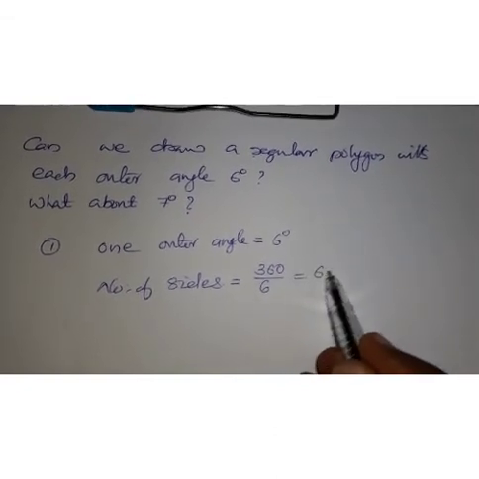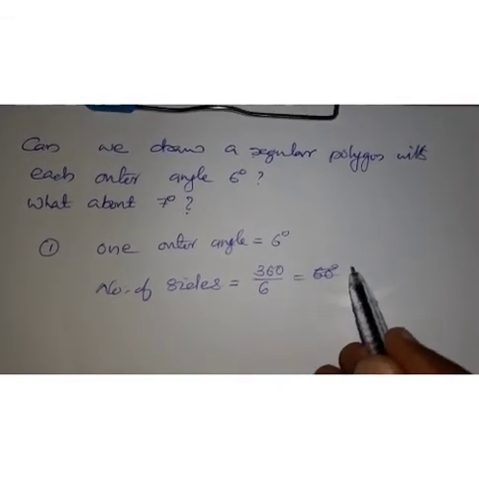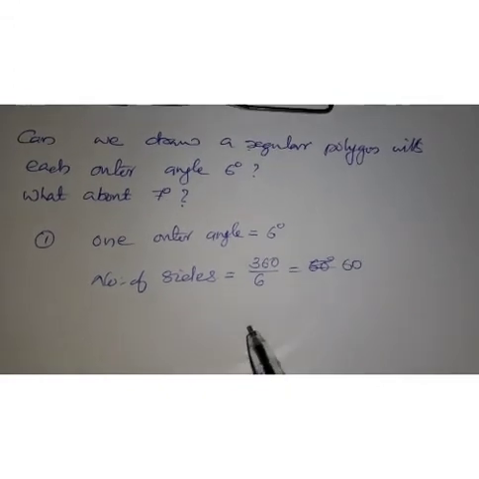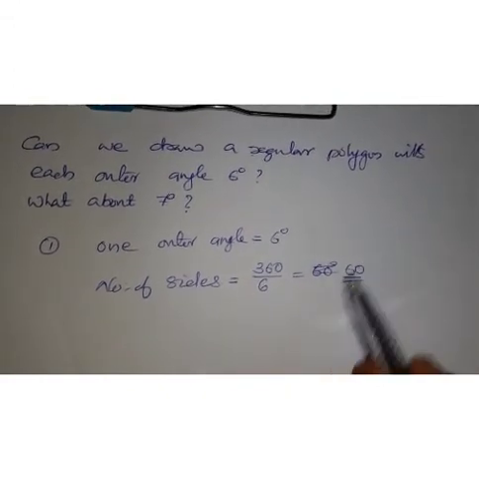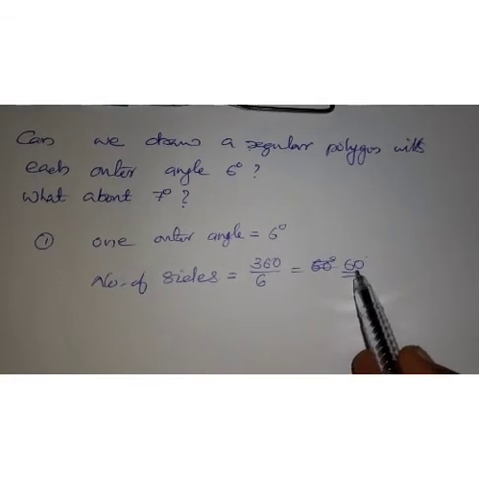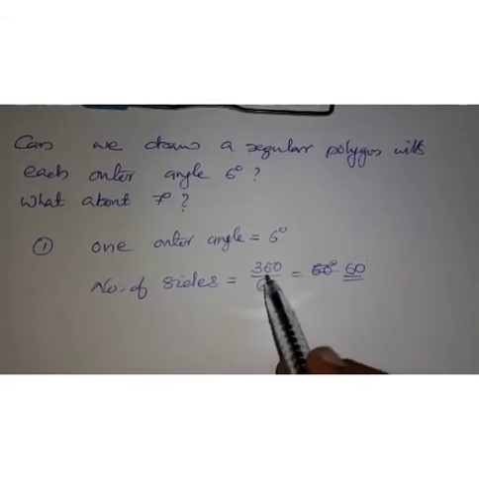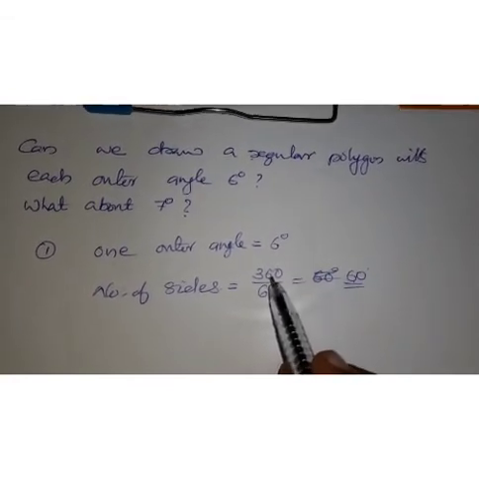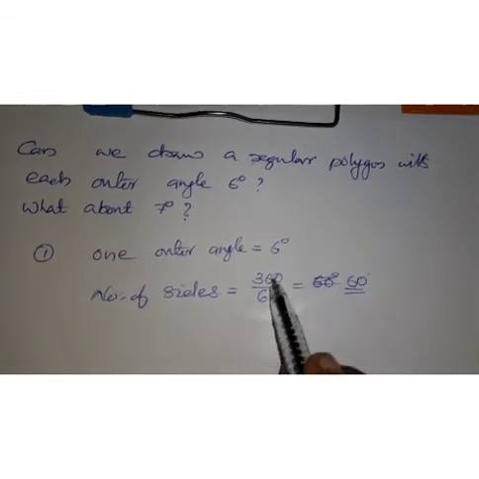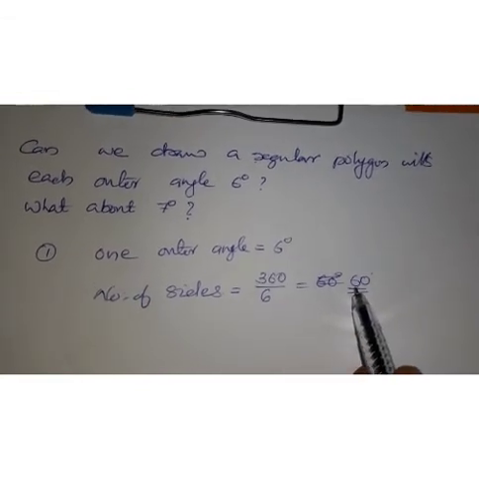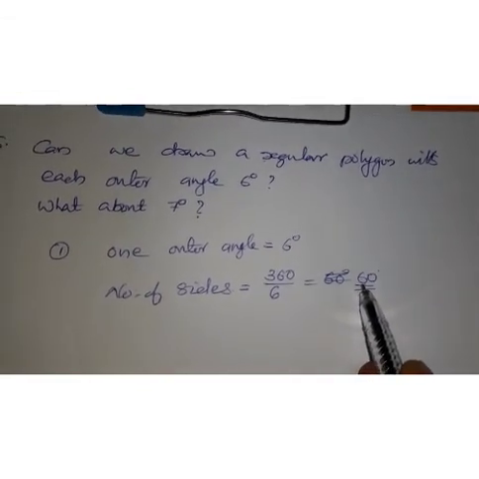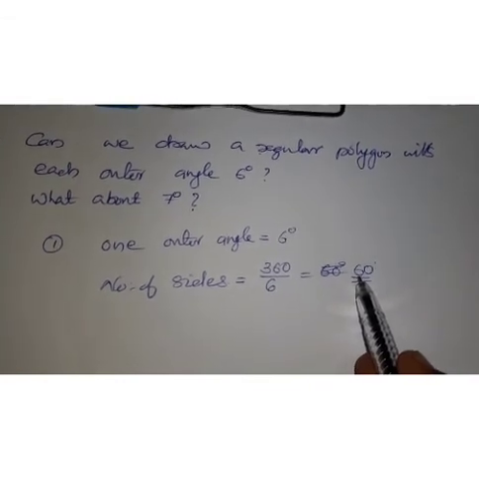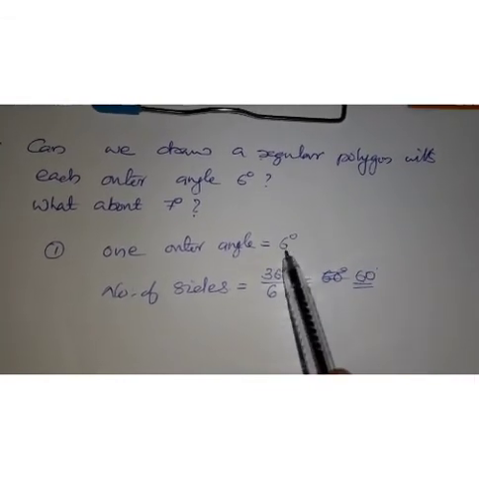We'll get 60. So this we are getting as a whole number, and 360 is a multiple of 6. 360 by 6 you get 60. So therefore we can draw a regular polygon with each outer angle 6.